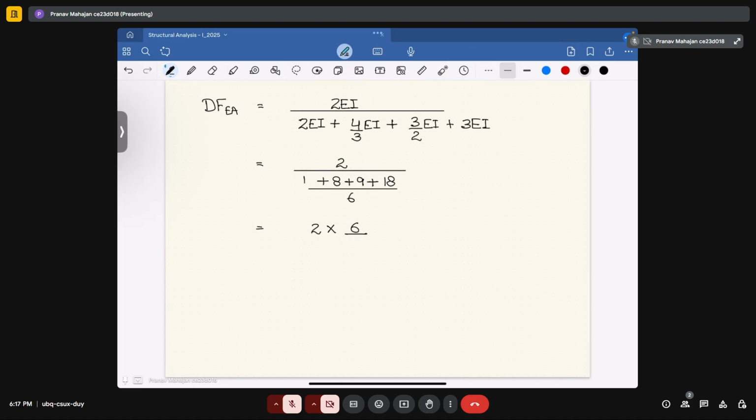It would be 12. Now it is fine. So that means it would be 38 plus 9, equal to 47. So your DF of EA will be equal to 12 upon 47. Fine.